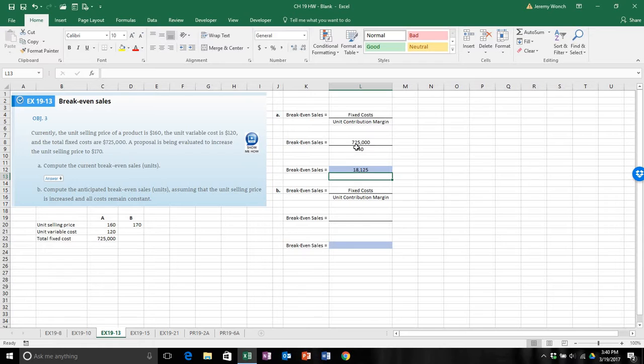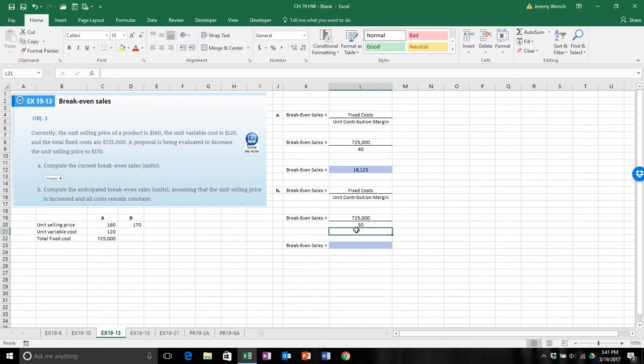Okay, in part B, we want to compute the break-even assuming that the selling price has increased, but all other inputs remain constant. So fixed costs are staying the same at $725,000, but our unit contribution margin is now $170 minus $120.